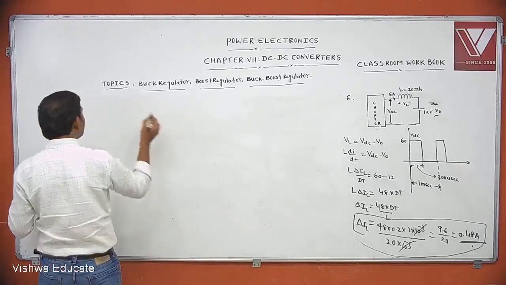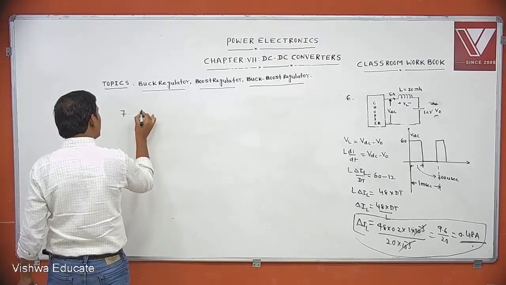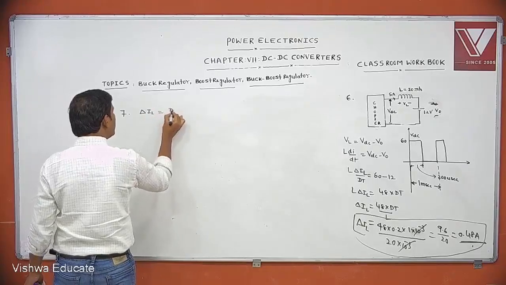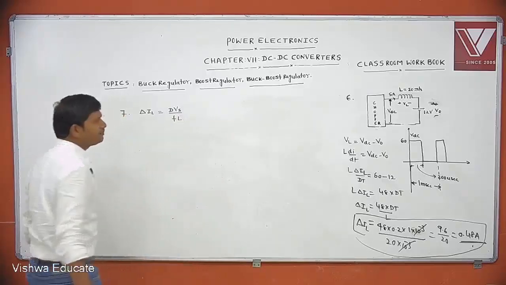For the seventh question, I am giving the answer. You want to find the peak to peak source current, which is nothing but the peak to peak inductor ripple current. In a boost regulator, delta I equals dVs by fL.